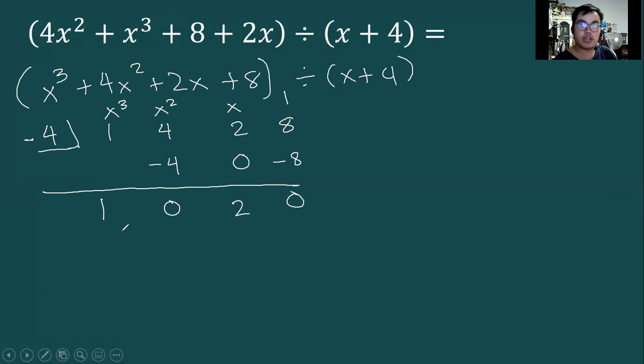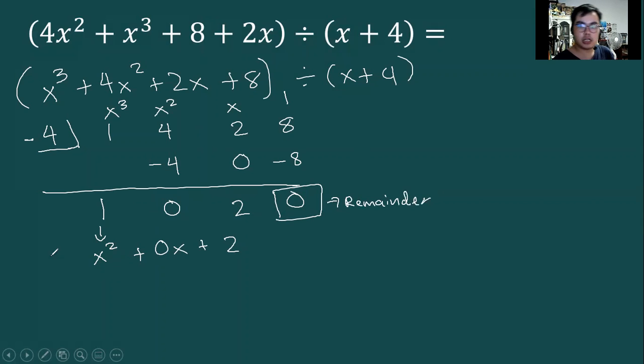So since we're dividing polynomials, it is expected that we're going to subtract exponents. So x cubed divided by x will be x squared. So this will be the coefficient of x squared, plus here, this will be the coefficient of x and this will be our constant. So keep in mind that this is the remainder.